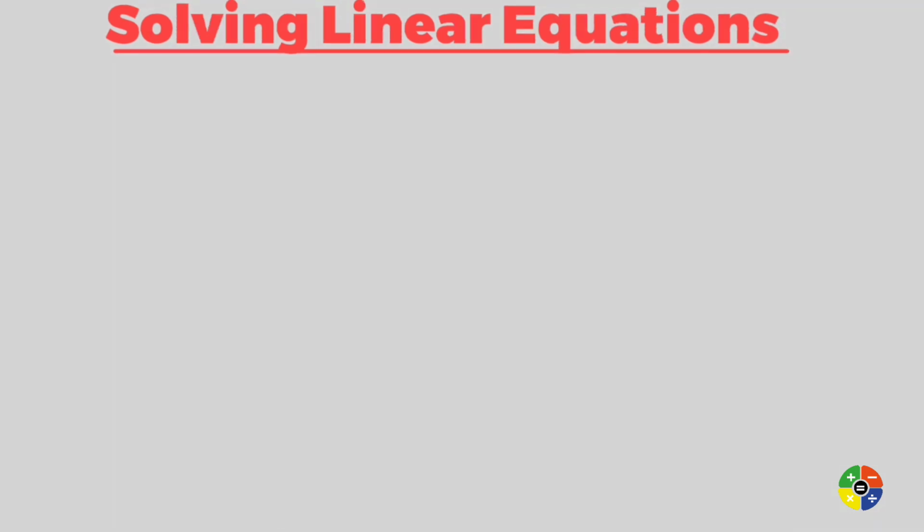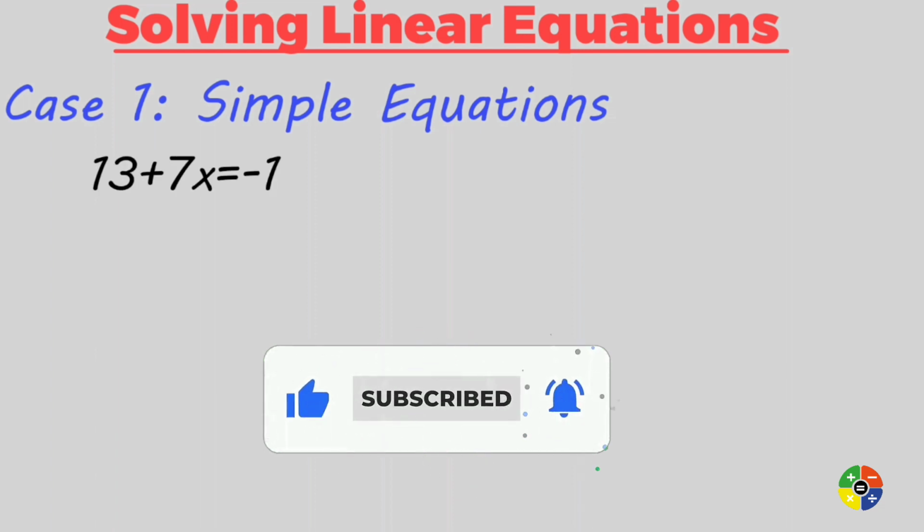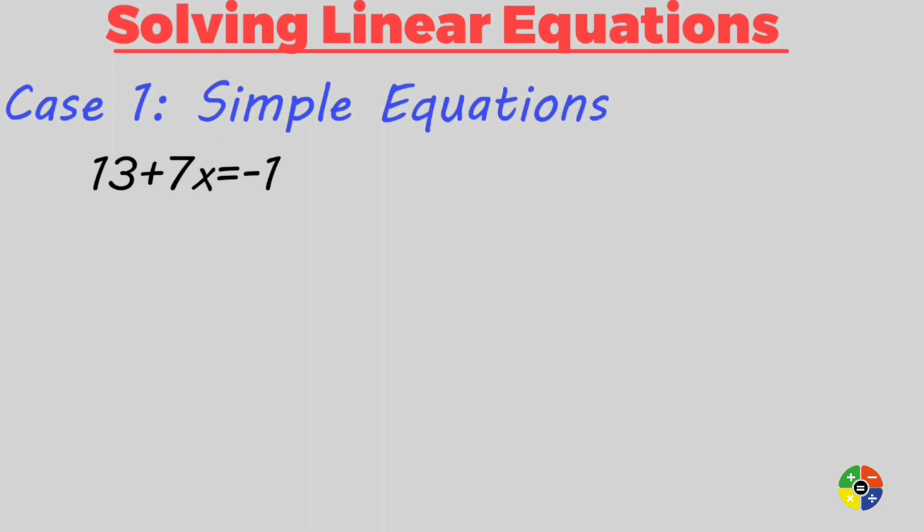Let's solve the following. Case 1. Simple equations. 13 + 7x = -1. To isolate the variable x, we perform these operations. First, we subtract 13 from both sides of the equation, and then we divide both sides of the equation by 7.